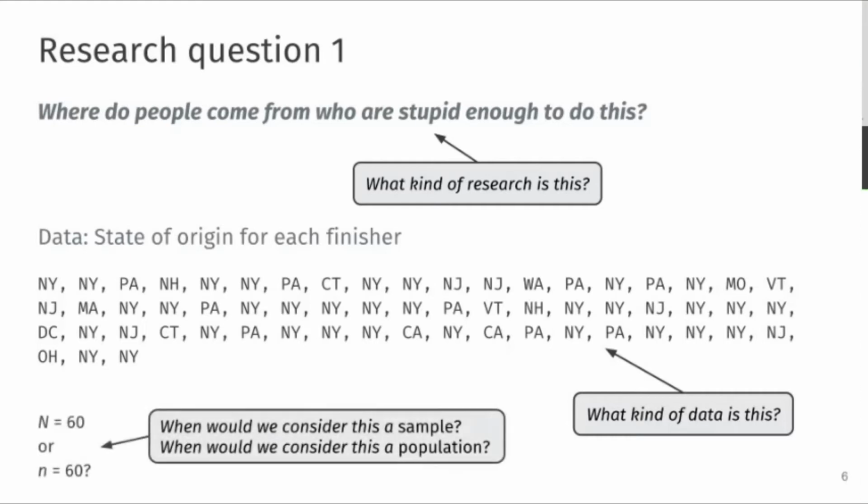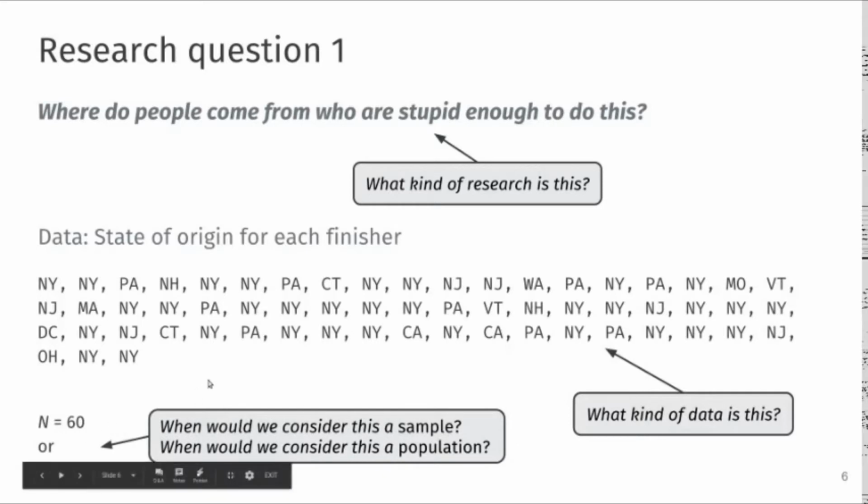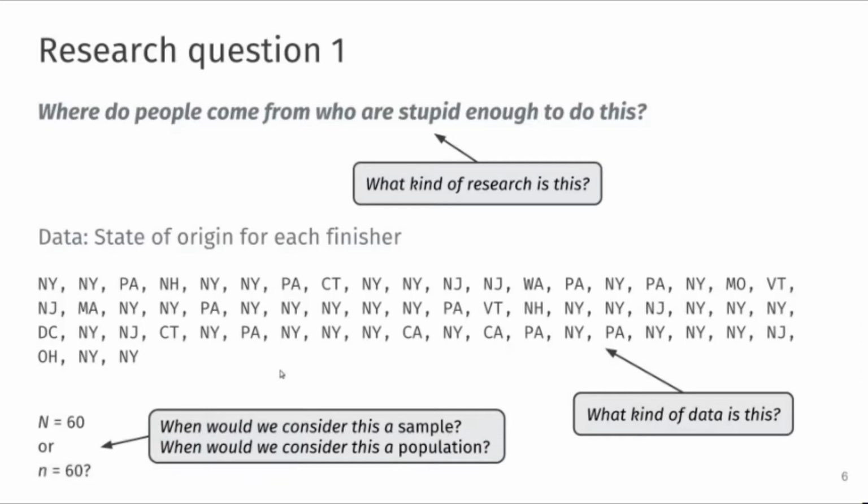to our next question. So in this group here, we have 60 observations. There are 60 people that finished the 50-mile course. And again, just to keep this in your heads, when would we consider this set of observations to be a sample versus when we would consider it a population? So for this one, I'll expound a little bit more.